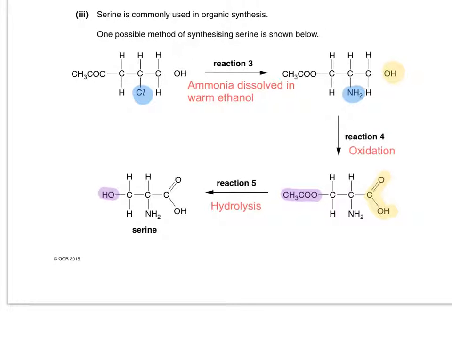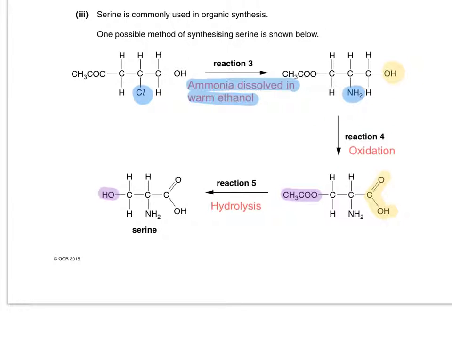So just to clarify what the colour coding means, the reaction conditions and reagents required for the 2 functional groups highlighted in blue, to change from chloro group into an amine, is the ammonia dissolved in warm ethanol.